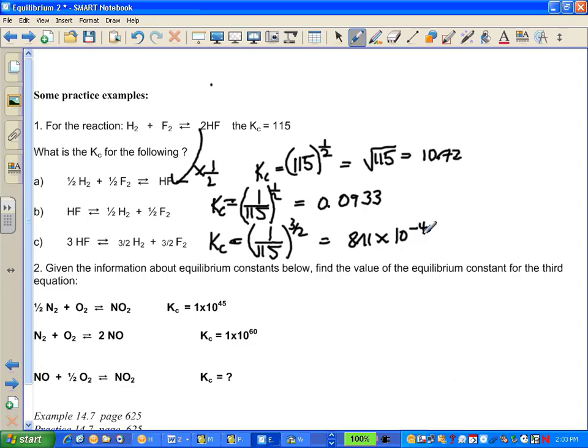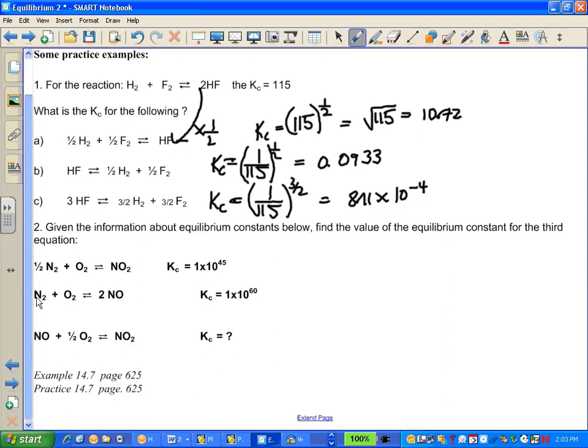The next problem that we're going to look at is going to show you how all of this can actually be useful. This is the kind of problem that is quite common. You're given the equilibrium constants for a series of reactions. In this case, you're given the equilibrium constant for this reaction and the equilibrium constant for this reaction.